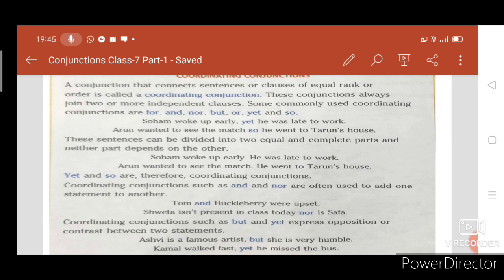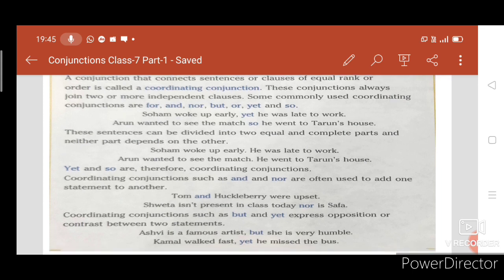Soham woke up early, yet he was late to work. Arun wanted to see the match, so he went to Tarun's house. Even if we write these two sentences separately, they will make sense. Soham woke up early. Yet he was late to work. When we want to join these two sentences, we use a coordinating conjunction.